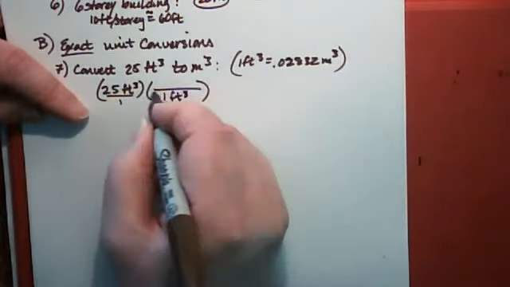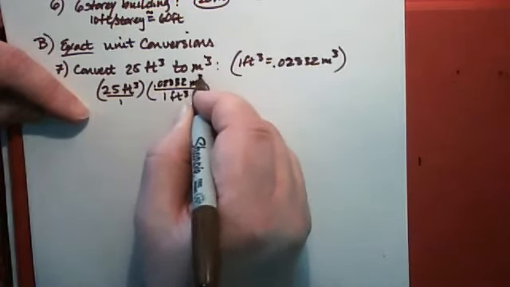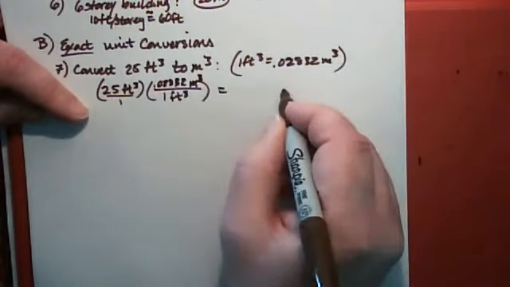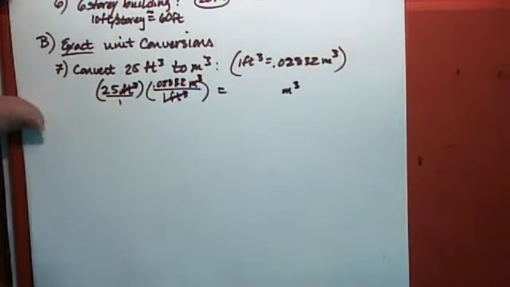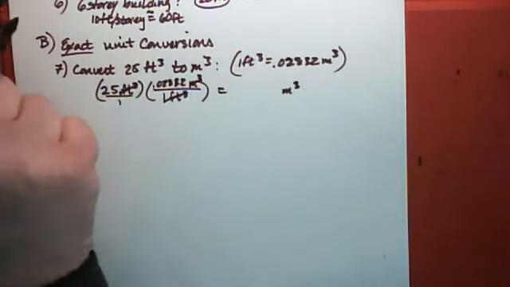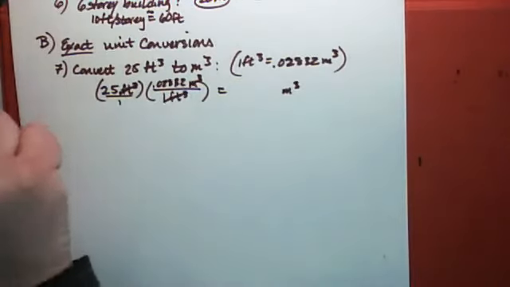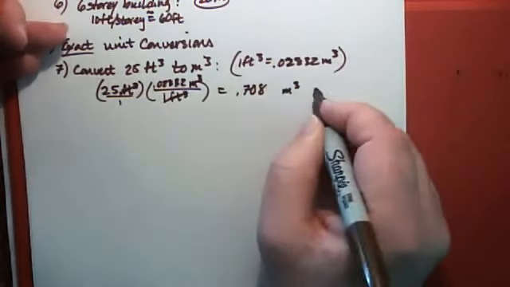And we want the cubic meters on top, so that we get cubic meters for the answer. So cubic feet cancel with cubic feet, and 25 times 0.02832 should be 0.708.